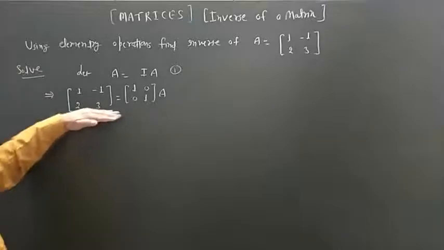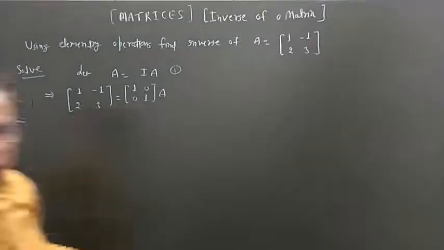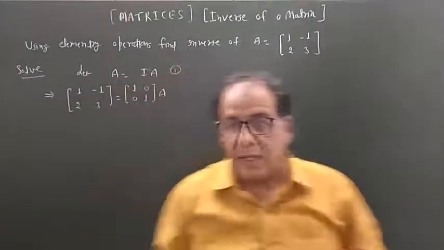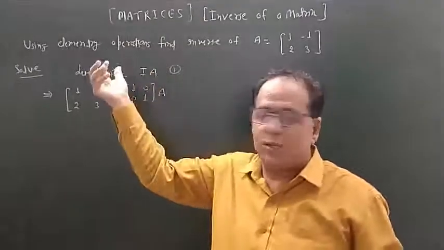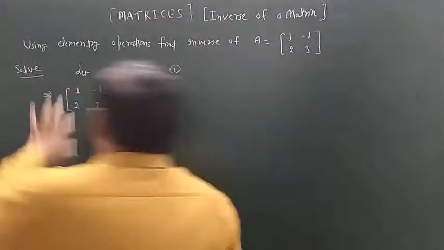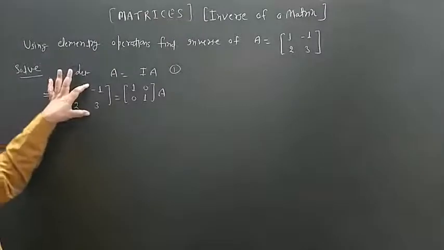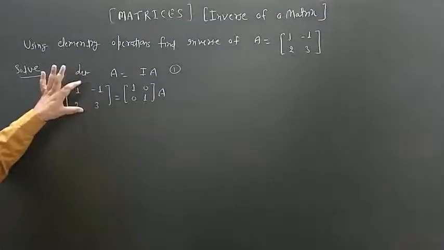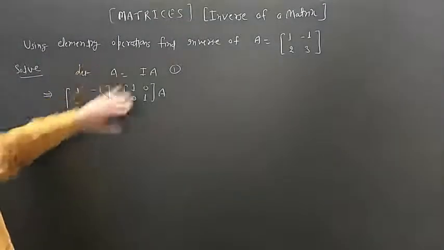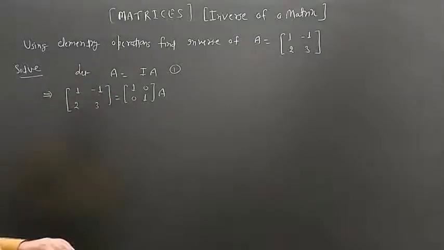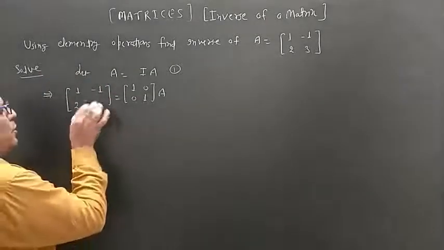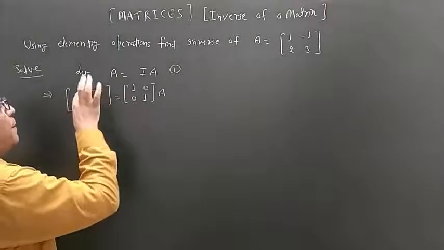Now in those two matrices we apply elementary row operations and convert this matrix into the identity matrix. A particular operation applied in this matrix is applied on the other as well.